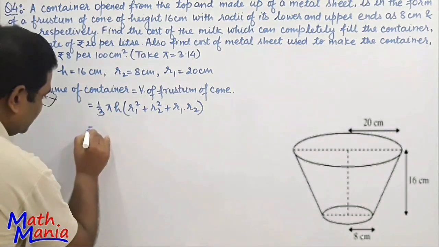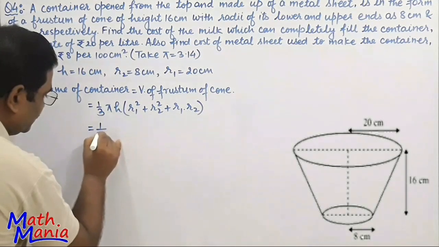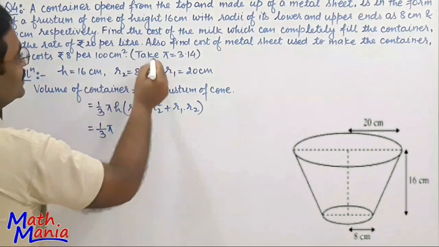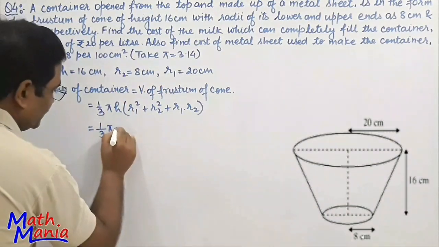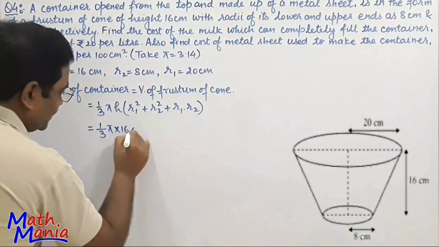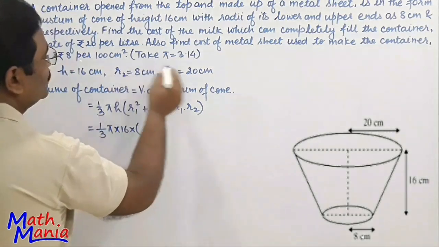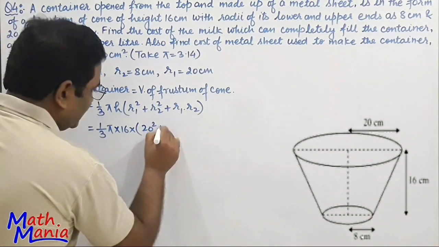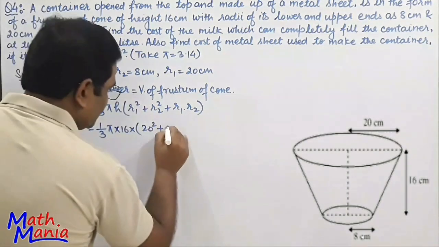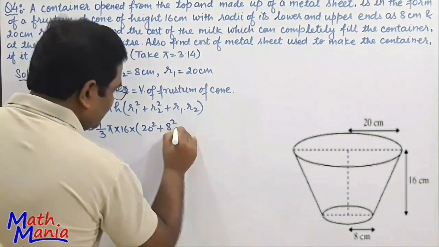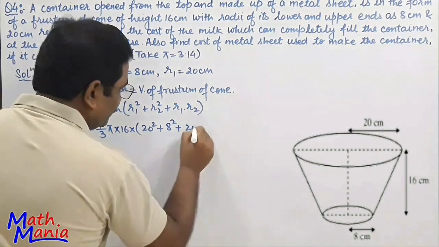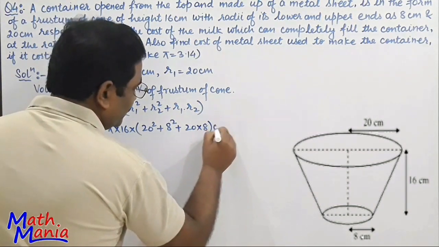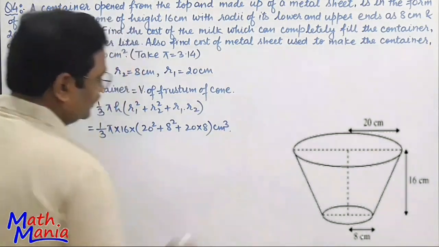1/3 pi, height is given as 16 centimeters, so multiplied by 16 into r1 square, means 20 square, plus r2 square, which is 8 square, plus r1 into r2, which is 20 into 8 cubic centimeters.